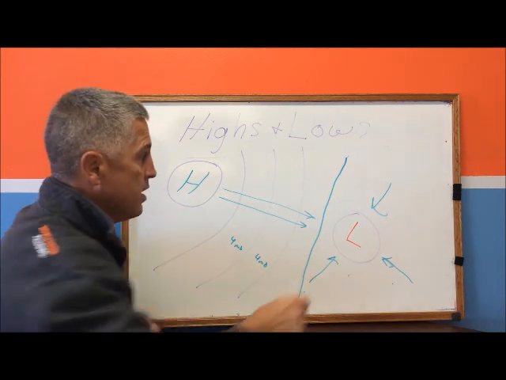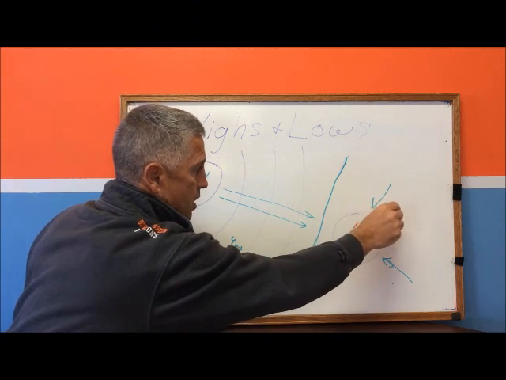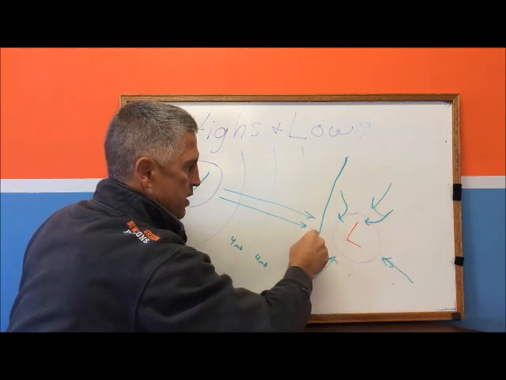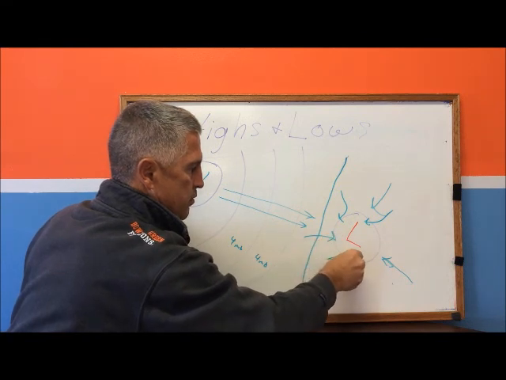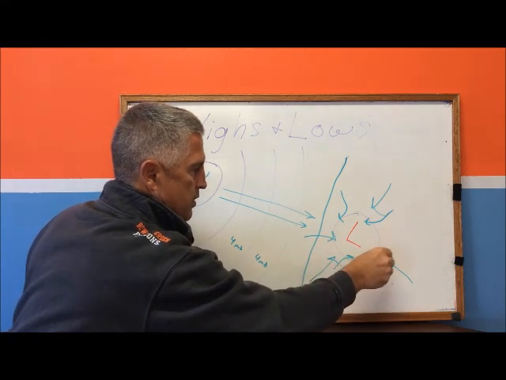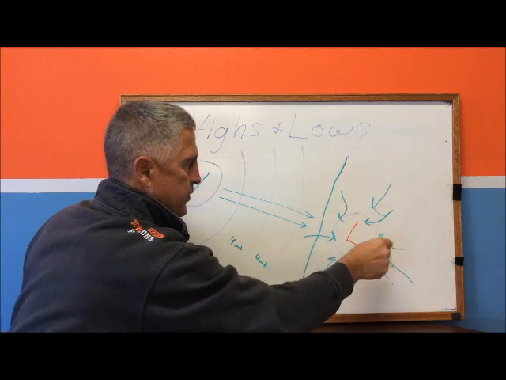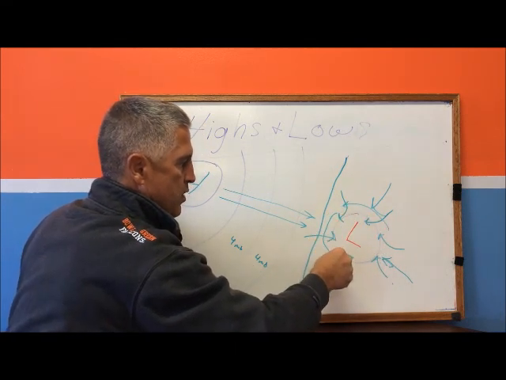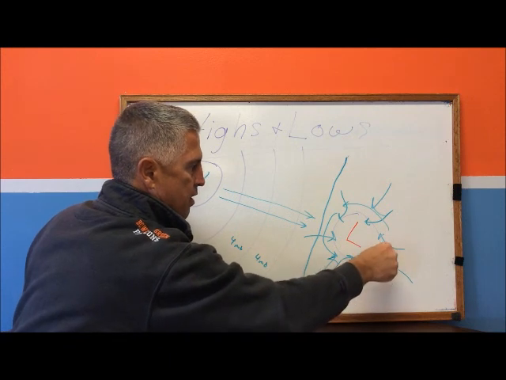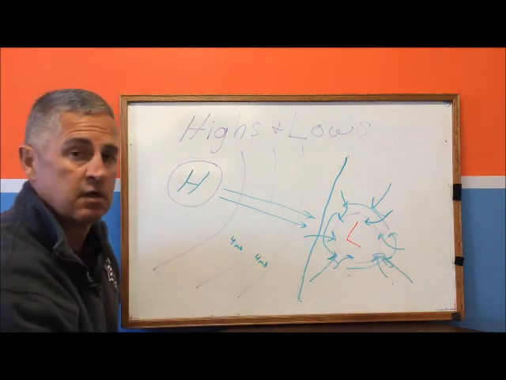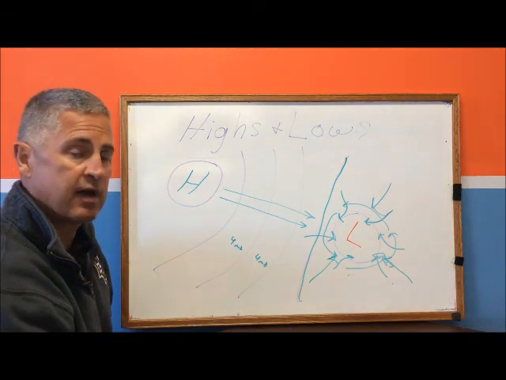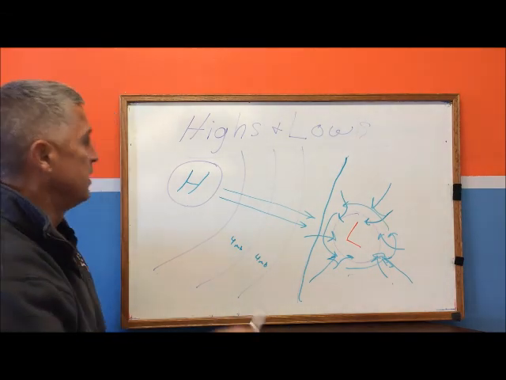It's turning it to the right. So as it comes into the low, it deflects to the right, it deflects to the right, it deflects to the right. And if you look at that, we have the counterclockwise rotation of air moving into a low pressure. That is why it's called counterclockwise, that's why it's called cyclonic.